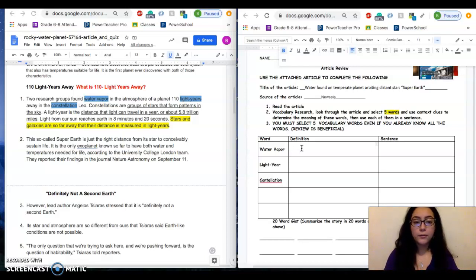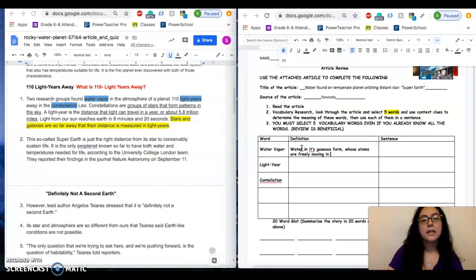The definition of water vapor is water in its gaseous form. So it's a form of gas, whose particles, I should say atoms, are freely moving in the environment or in the air.